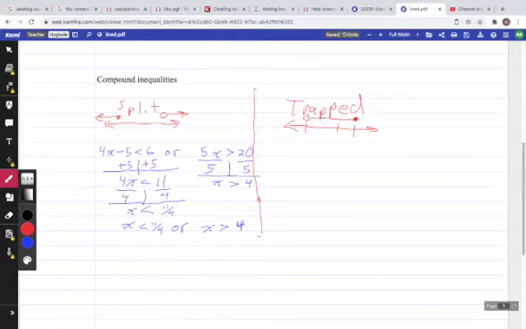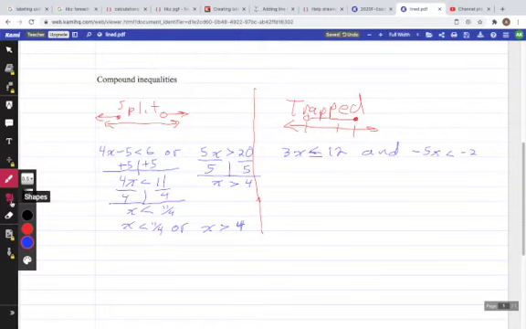Now, our trapped inequalities are similar, except they're AND inequalities. So that would be something along the lines of 3x is less than or equal to 12, and negative 5x is less than, negative 20, no, less than positive 20.